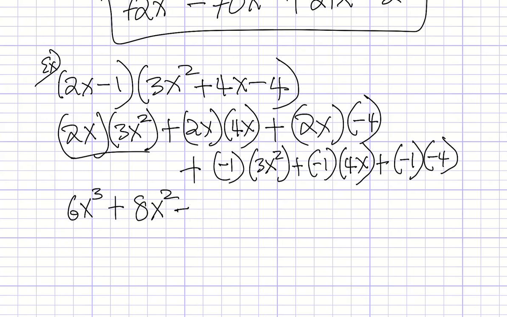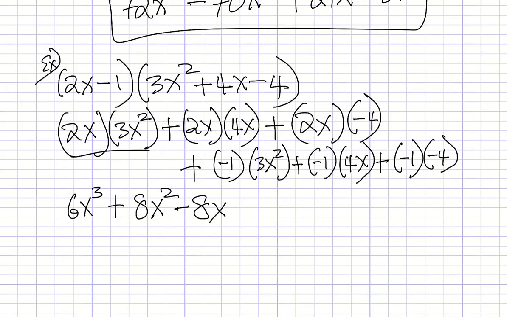Sometimes that thing acts like that. Negative 8x, okay. Alright, the next one is negative 3x squared. The next one is negative 4x. The next one is positive 4. You see it, right? So this one by itself, we'll combine this and that, we'll combine this and that, okay?